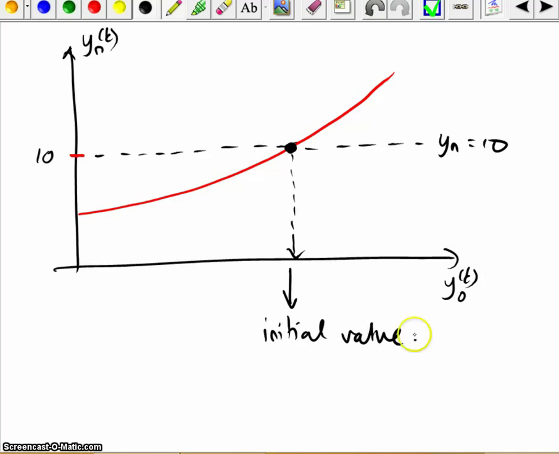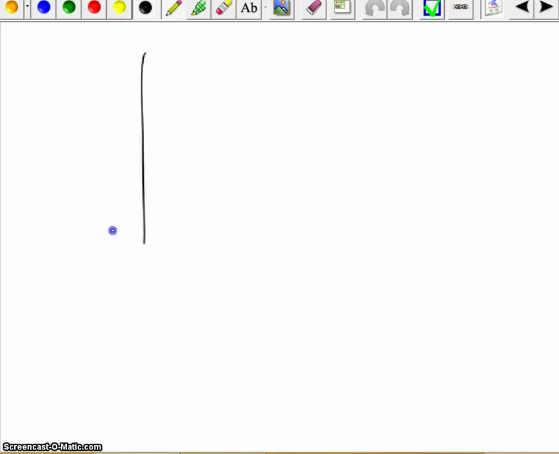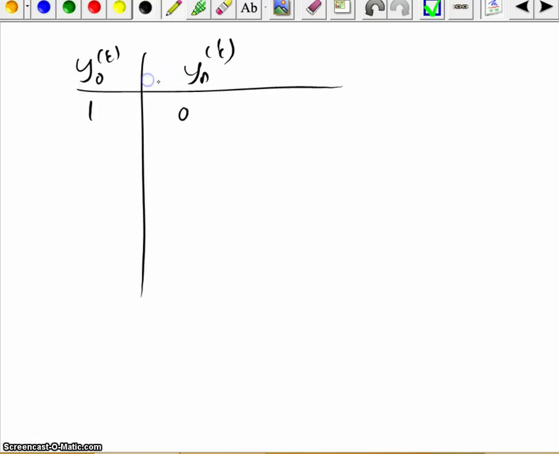Okay, so I'm going to repeat. From all my 100 guesses, I'll be able to obtain 100 boundary values. So in other words, if I present them in a data form, I'll have my y0k and my corresponding yn k. So if my first initial guess is 1 and this is 0.1, for example, then I make an initial guess of 2 and I get 0.6. So I have all my values up to the 100 point.